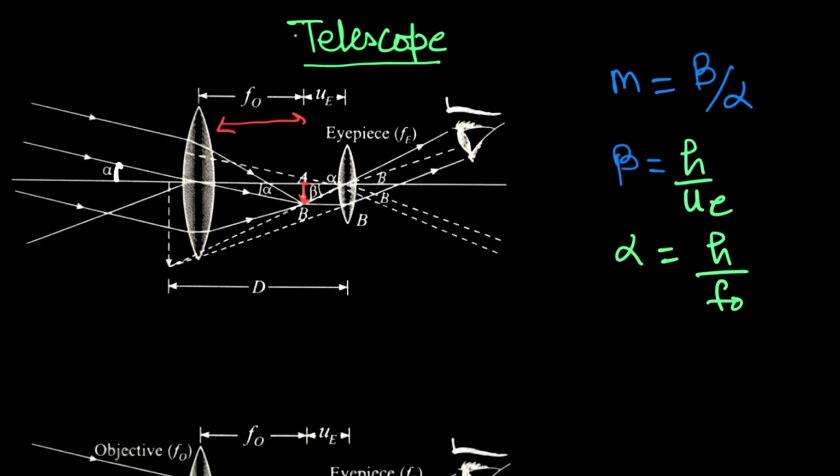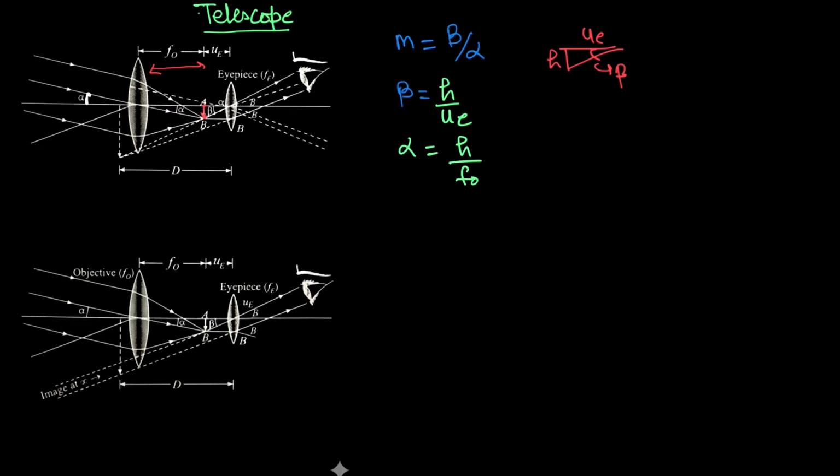Now this distance is FO, this one is H, and this angle is alpha. It means alpha is equal to H by FO. So if I find the magnification, that will be FO divided by UE. So this is the magnification.